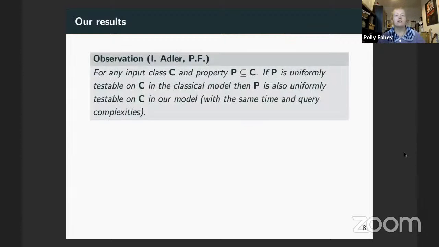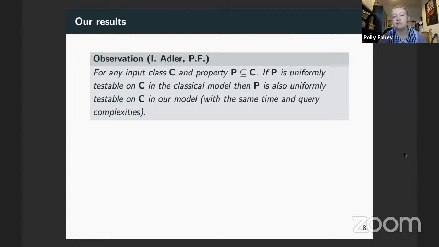One of our first questions when studying this model was, how does it compare to the classical model? And it's fairly easy to see that any property that's testable in the classical model is also testable in our model with the same time and query complexities. So any results from the classical model carry over to ours. Our next question is, well, is the converse true or not?